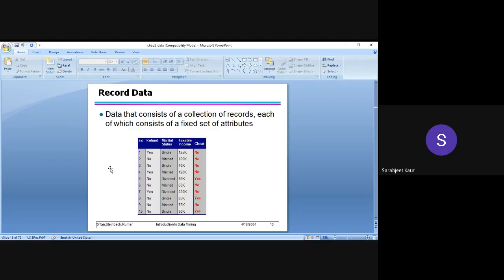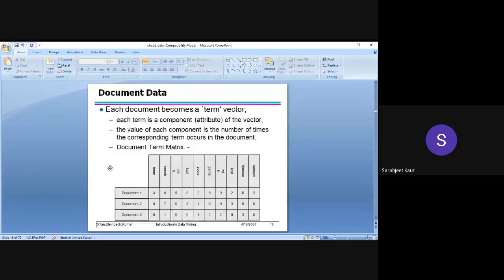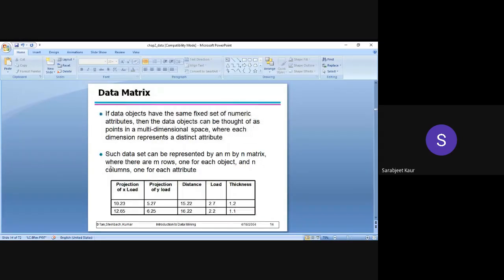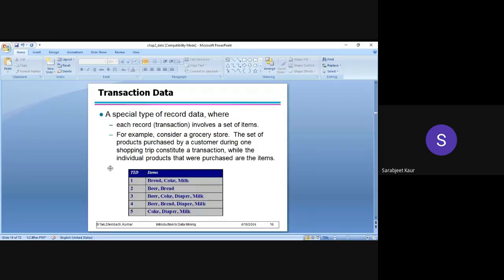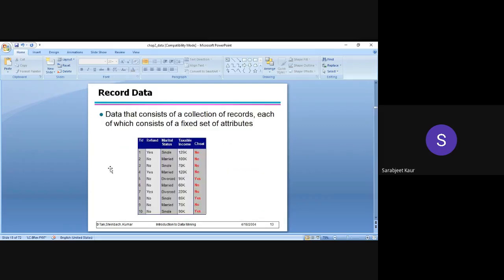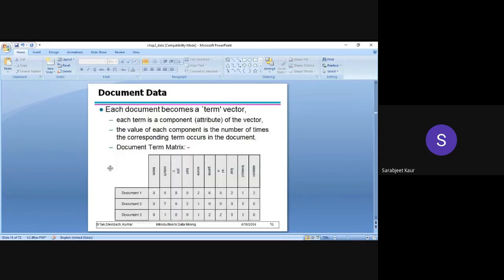Okay, so going back to the record data, we have seen that the data matrix and the document term matrix, and also the market basket data or the transaction data, as I told you earlier, is also a kind of record data.